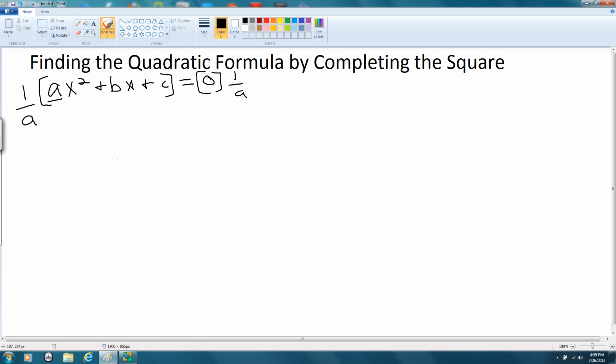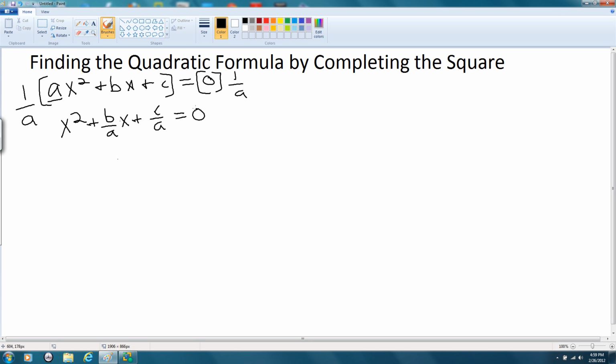So we're going to get 1 over a times all this. We get x squared plus b over a x plus c over a is equal to 0.